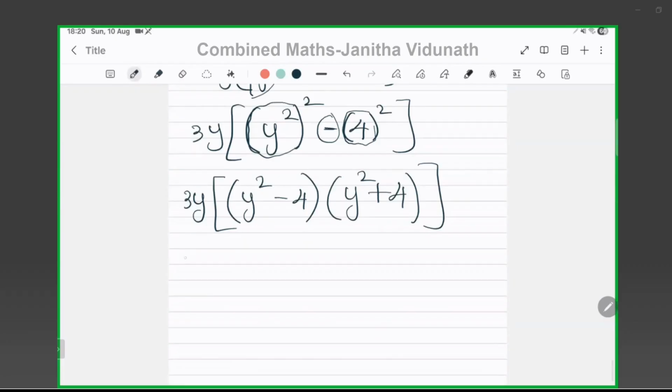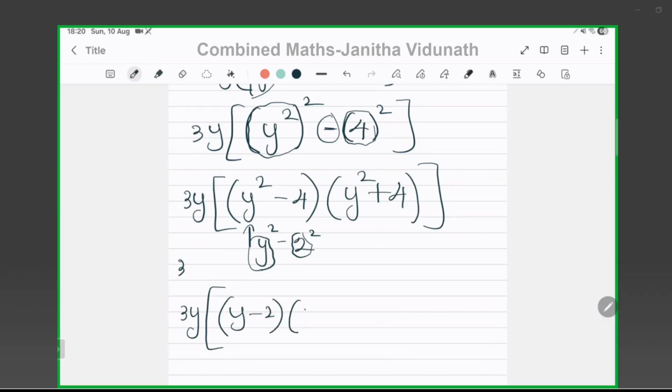Here also y square minus 2 to the power 2 is a difference of two squares. So we can write this further as 3 times y, y minus 2 times y plus 2, and the remaining factor y square plus 4. This is the answer.